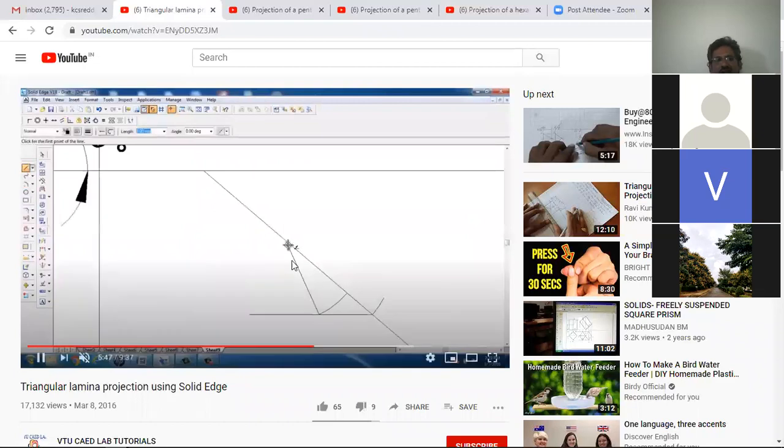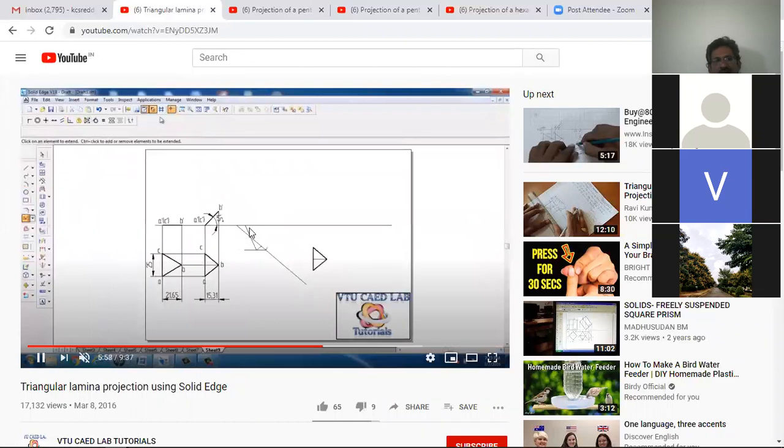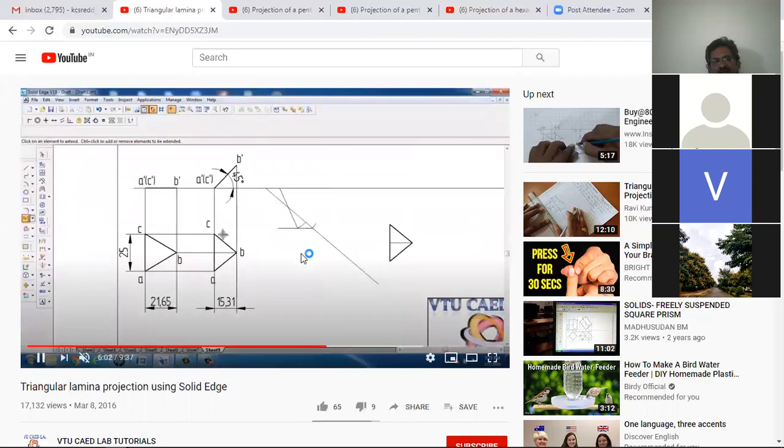It is extended to measure the inclination line. The extend to next command can be used so that we can measure the angle between these two. So that we will get the beta angle. Use the extend to next command, and measure the angle between these two.